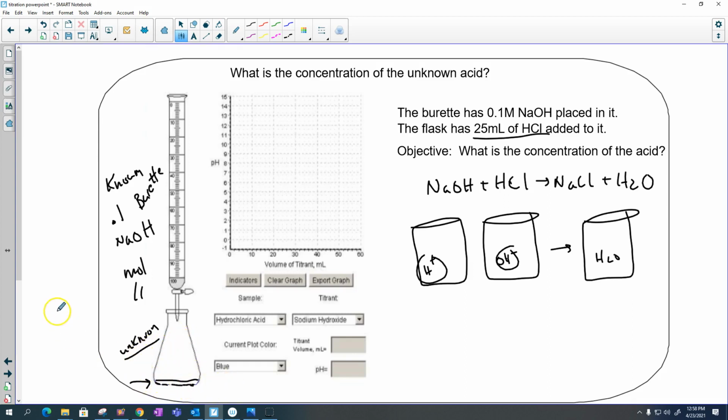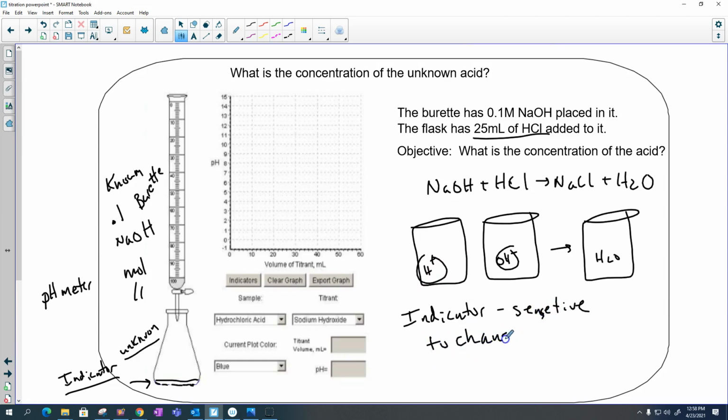Well, there's two ways. One, you can use a pH meter. The pH meter would read a pH, and I'm going to show what the pH meter would look like here. Or you can use an indicator. Now an indicator is a chemical that is sensitive to changes in pH.